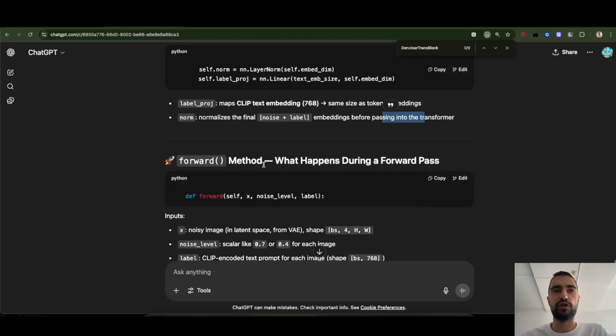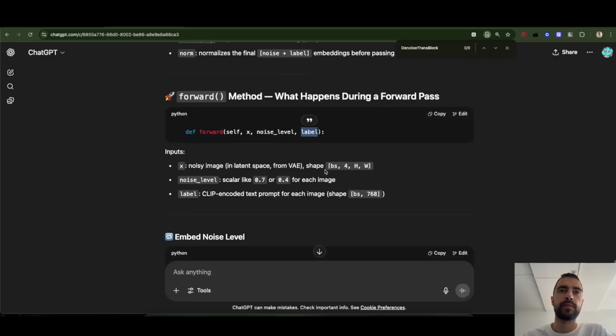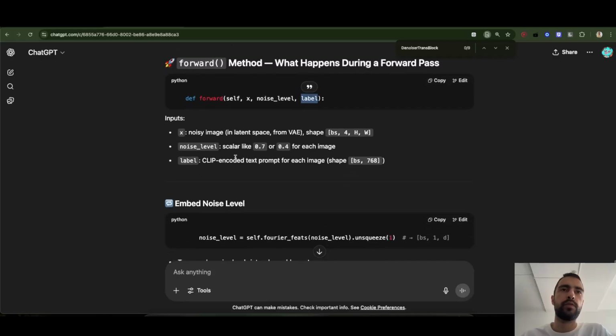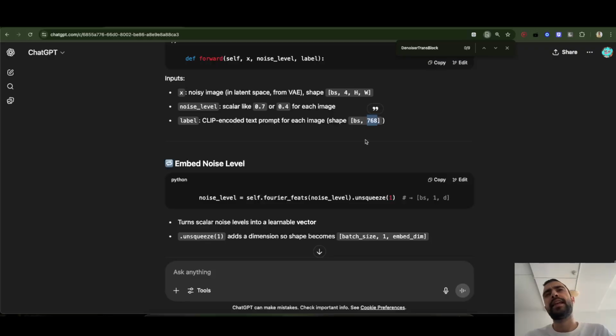So let's see what the forward method does. It gets X, the patches, noise level, so just the timestamp, and the label. We already know this stuff. The CLIP-encoded text prompt for each image has shape batch size by 768, because this is the text embedding vector.